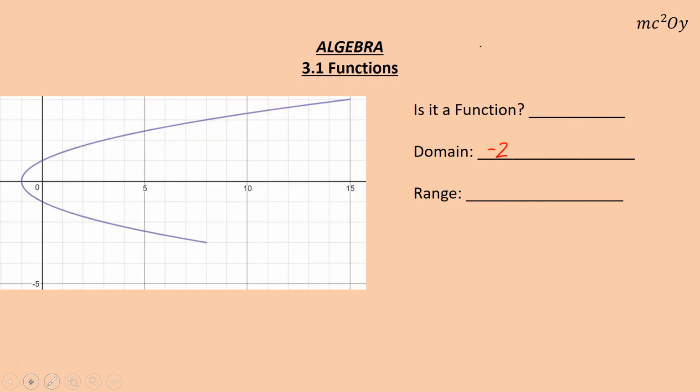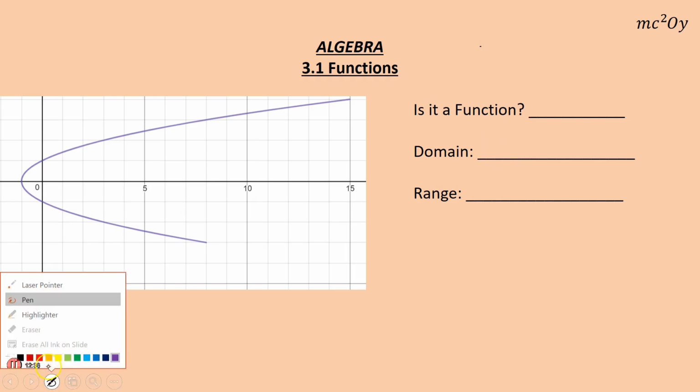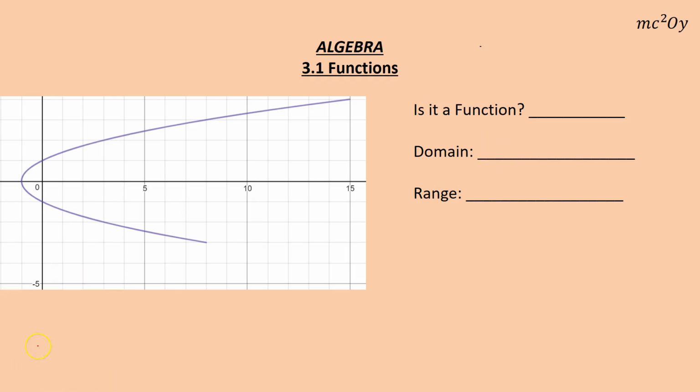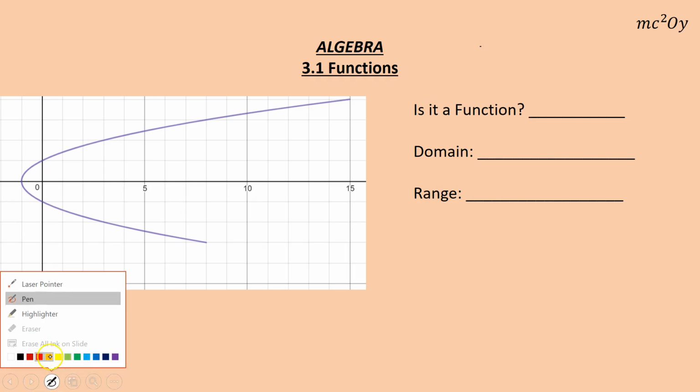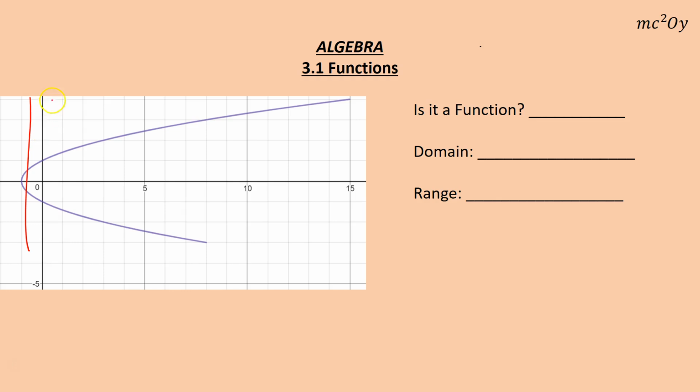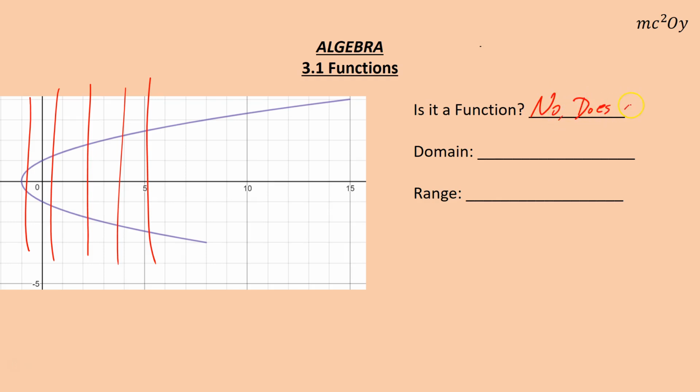All right. So looking at this, I got to erase the piece that actually I put on there. Okay. So looking at this one in terms of a function, well, is it a function? When I start looking at the picture and I start doing my vertical line test, like, whoa, look at these vertical lines. They keep hitting the graph in more than one spot. So no, does not pass the vertical line test.